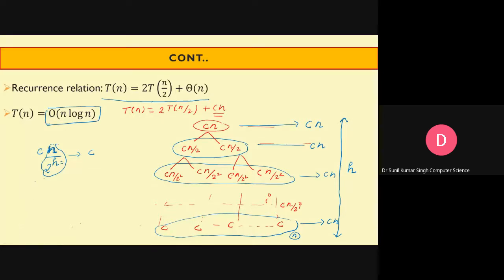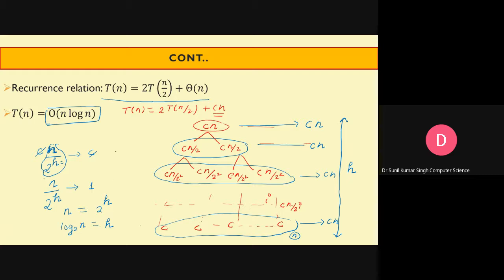So look at here, these c can be cancelled out, and now here n divided by 2 raised to the power h will tend to 1, or maybe equal to 1. So you can write it like n is equal to 2 raised to the power h. Now take the log base 2 on both sides. So you can see log base 2 of n is equal to h.